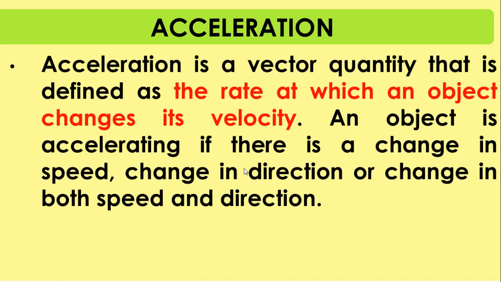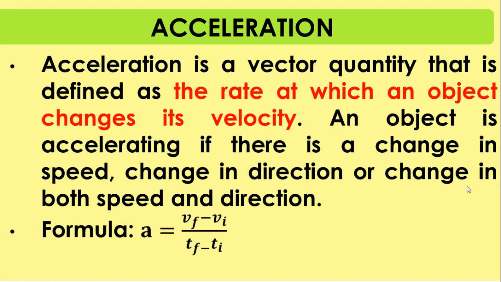Now for acceleration, this is a vector quantity defined as the rate at which an object changes its velocity. Now, how can we say that an object is accelerating? Please take note that an object is accelerating if there are changes in the following. First one is change in speed. Second one is change in direction, or change in both speed and direction.